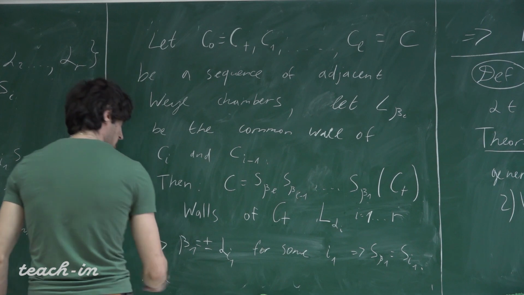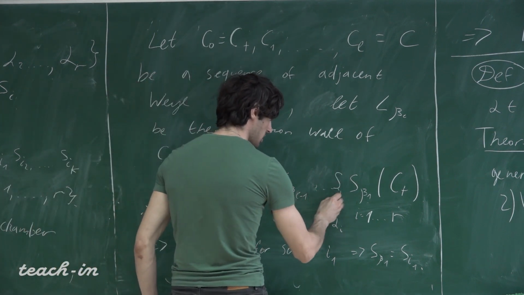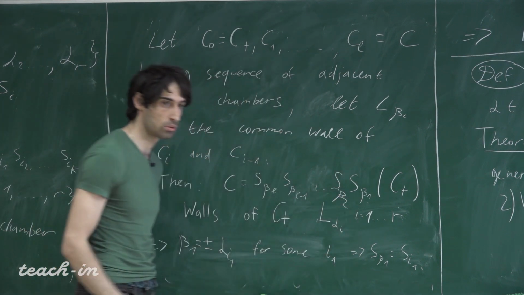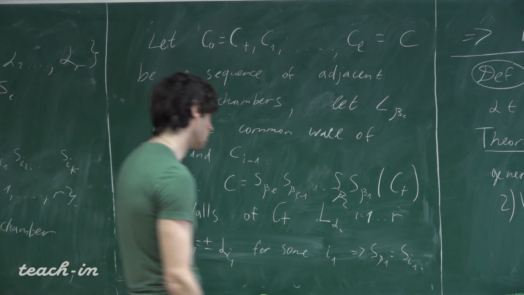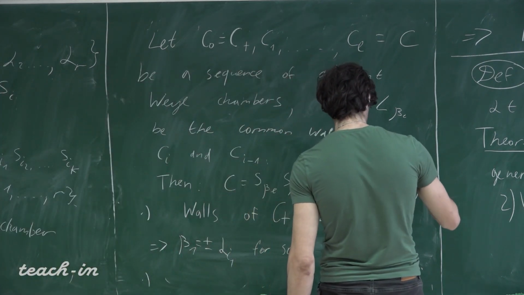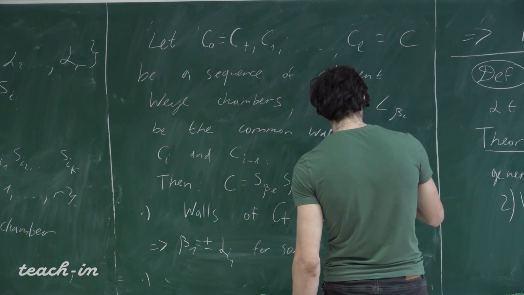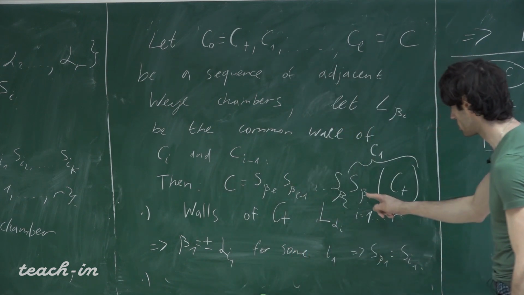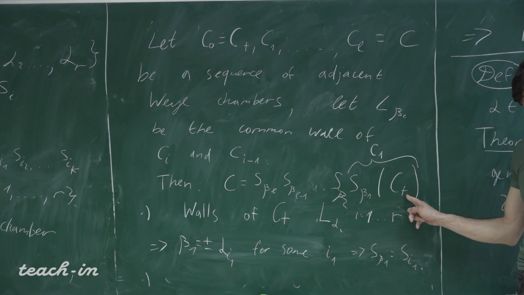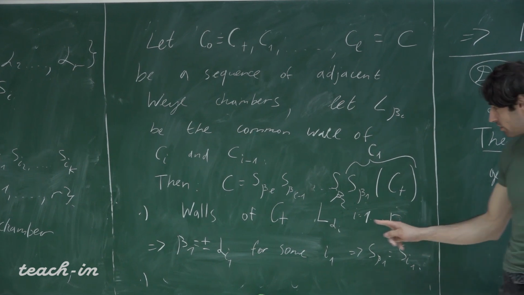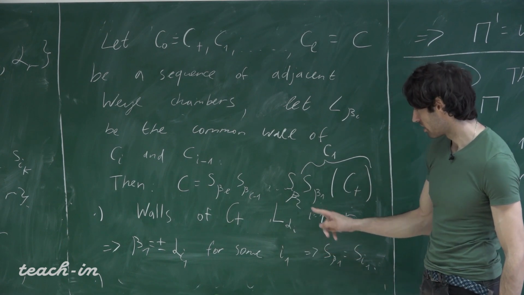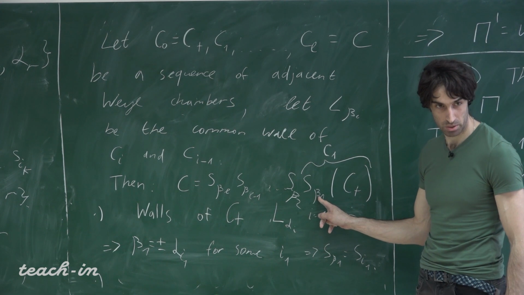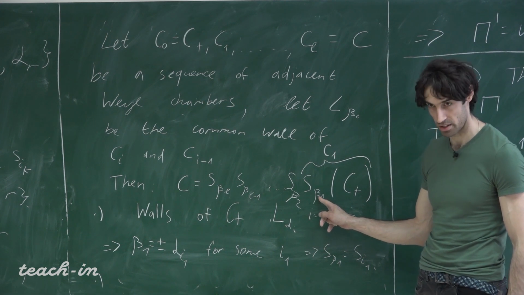Okay, next step. After that, we have s_{beta_2}, right? This is already denoted as C_1. So what are the walls of C_1? I should take the walls of C plus, of C_0, and apply s_{beta_1}, which is the same as s_{i1}, right?